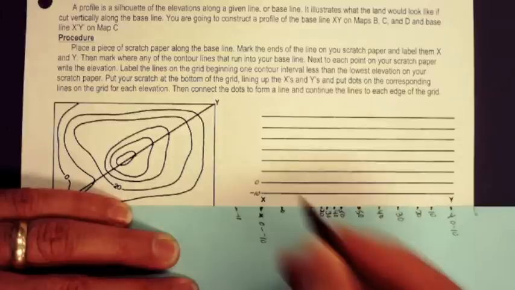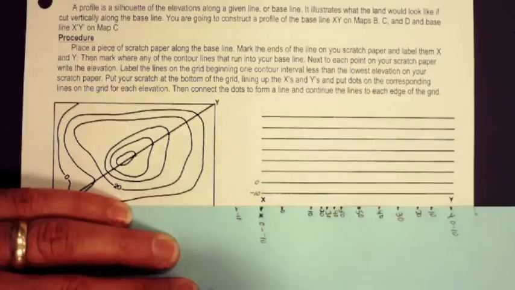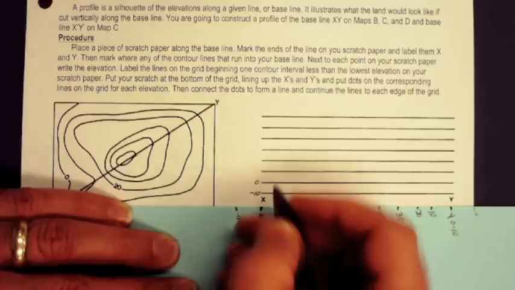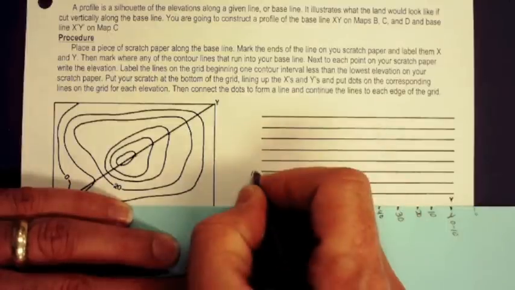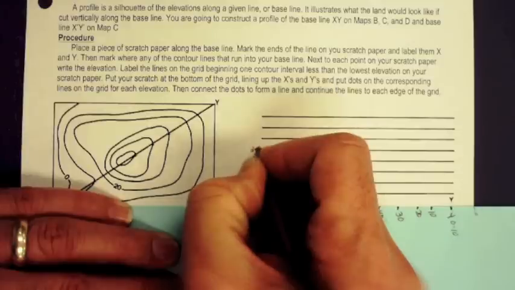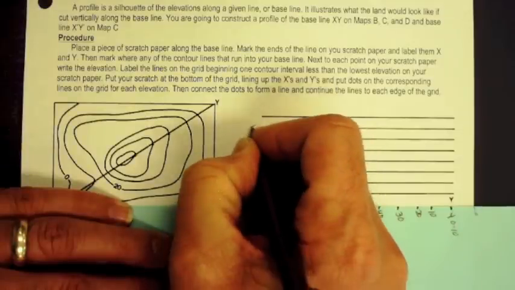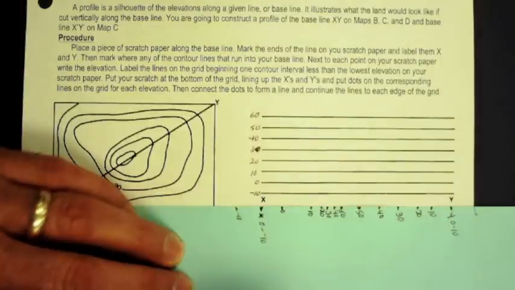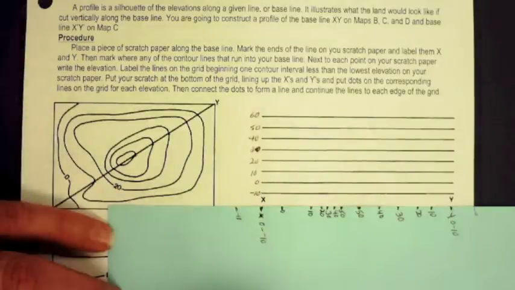So we're going to have to go up one line higher than the highest number. So when we make our elevations, we start one lower than the lowest, 0, 10, 20, 30, 40, 50, and then we have to go up to one higher than the highest number, so 60. So 60 is going to be our highest number up there.